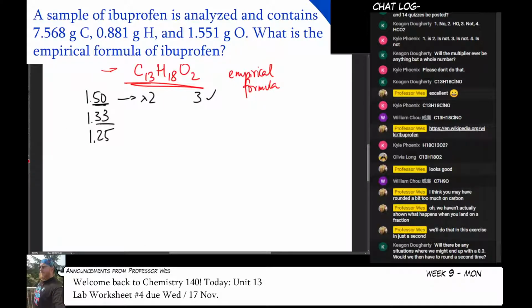If you end up with a 0.33, you could times it by 3 to fix it. If you get a 0.25, you can multiply by 4, and so on and so forth. I think the most common ones that you will see are 2, 3, 4, and 5.